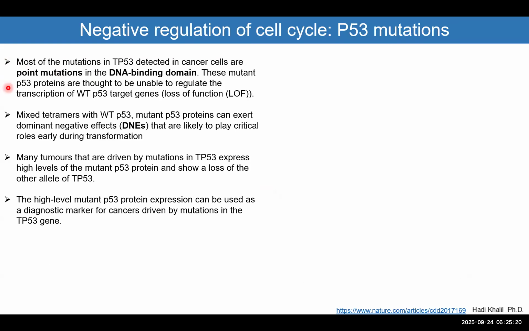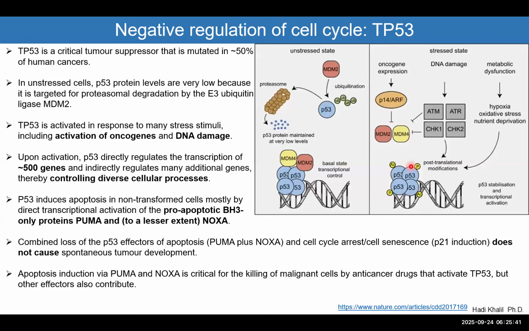Now, most of the mutations of p53 detected in cancer cells are point mutations. And these mutations cause a loss of DNA binding of p53 to the DNA. So it's very simple. A mutation that causes p53 not to be able to bind to the DNA, therefore the DNA can no longer be activated by p53.